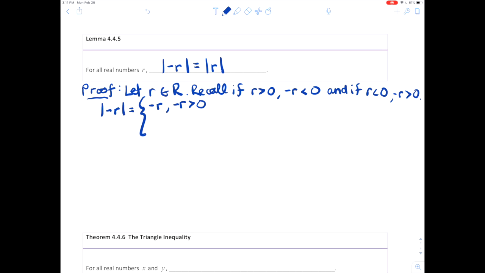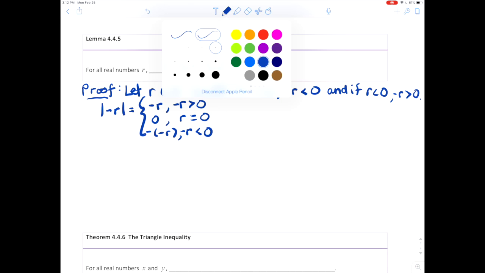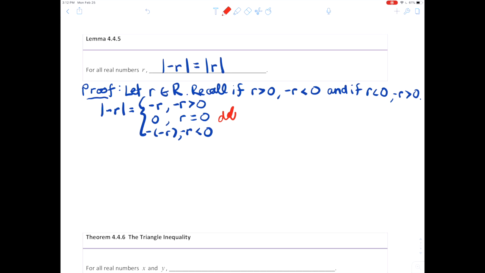It's going to be 0 for r equal to 0. And it'll be the opposite, negative of negative r, for negative r less than 0. Cool so far? So that, of course, is by definition.